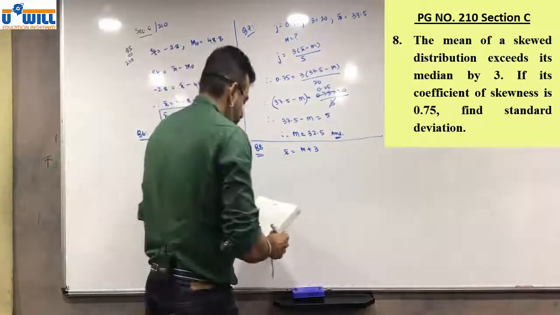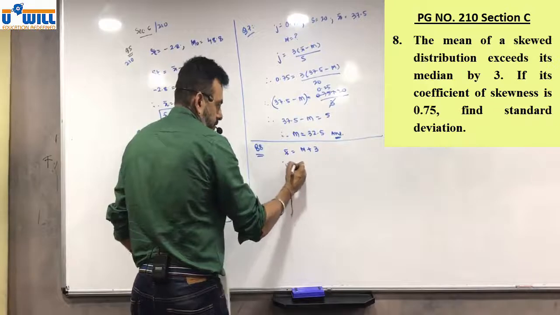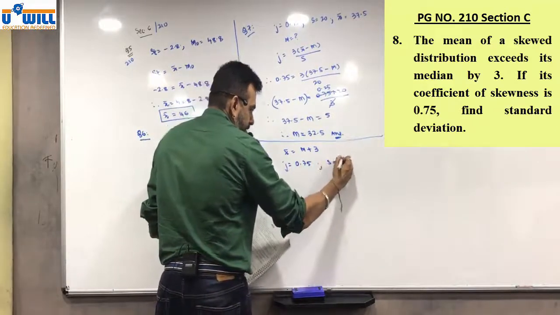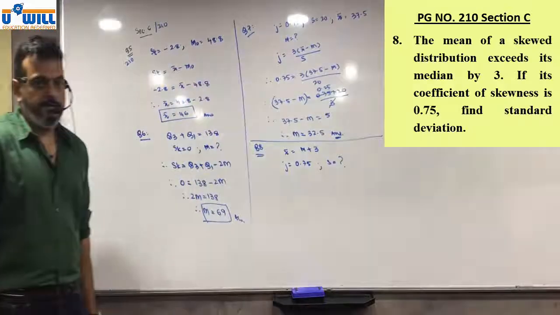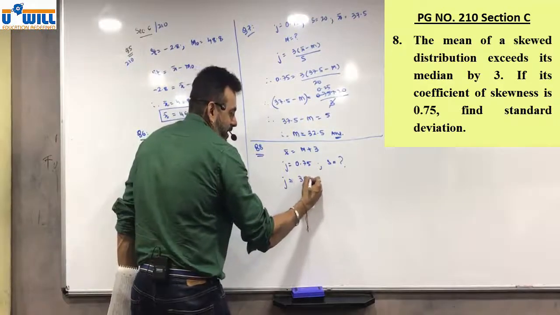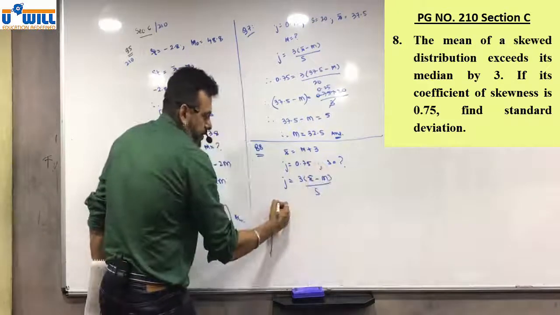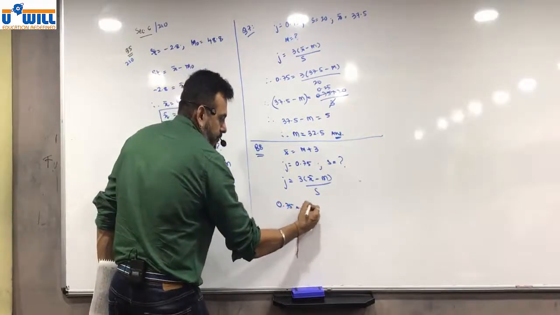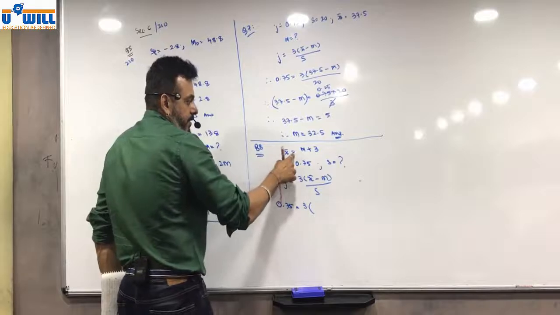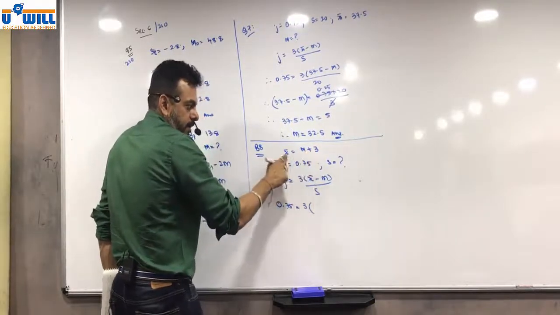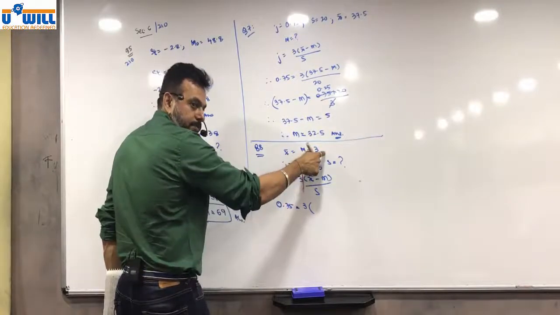So J is equal to 0.75. We have to find the standard deviation. J is equal to 3 into x bar minus m upon s. 0.75 is equal to 3. What is x bar? m plus 3. X bar is equal to m plus 3.